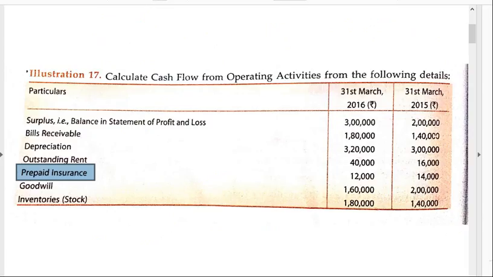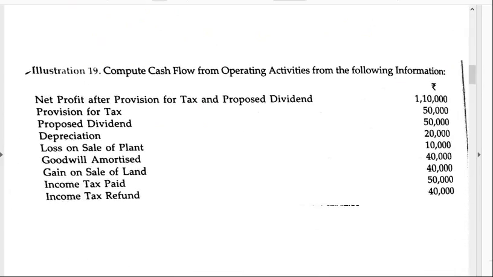Let's do one more problem. It says compute the cash flow from operating activities from the following information. Net profit after provision for tax and proposed dividend is 1,10,000. It is very much clear that we are given net profit after tax and dividend. Provision for tax for current year is 50,000. Proposed dividend of 50,000.